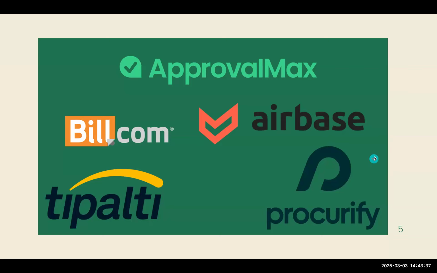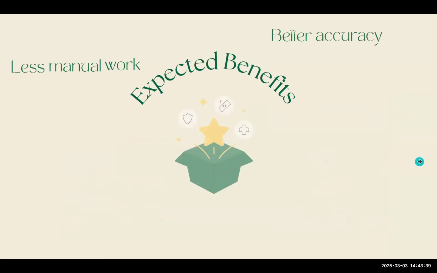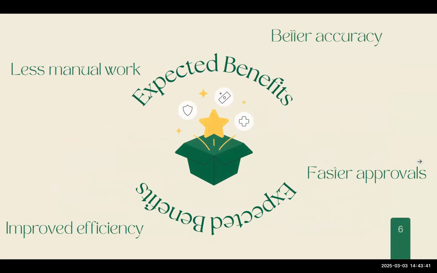And by implementing this strategy, Ultra One Co. Ltd can significantly improve its financial efficiency. The benefits we expect are reducing manual work, allowing employees to focus on more strategic tasks, and improving accuracy by minimizing human error, ensuring higher quality outcomes.